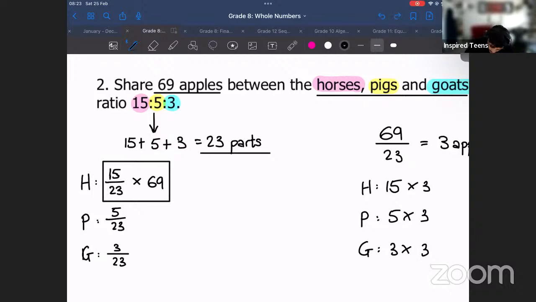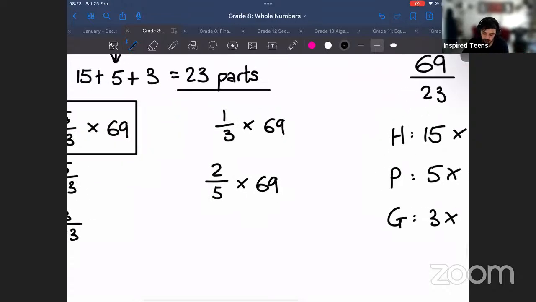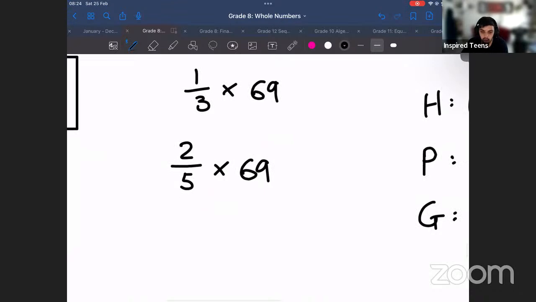So 15 out of 23, if I take that fraction and calculate what is the value of 15 out of 23 of 69. It's almost like, just say I would like to know what is 1/3 of 69. What are 2/5 of 69? Remember, these are like multiplication of fractions, calculating a portion of a whole number.